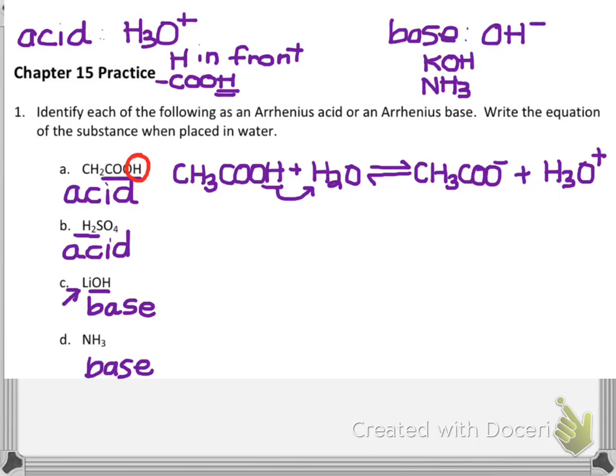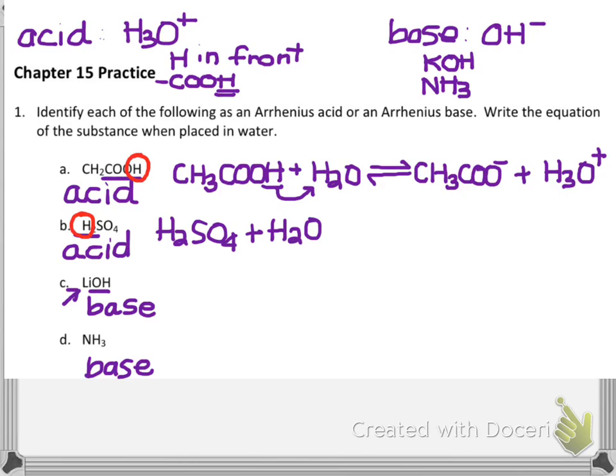Now, acids like the sulfuric acid here, it's this hydrogen here in the front that comes off. So if you notice, in both cases, the acids have a proton or an H+ that comes off in the solution. So in this case, I write my acid. I'm placing it in water because that's the requirement of an Arrhenius acid.